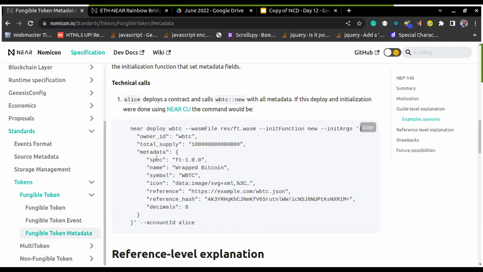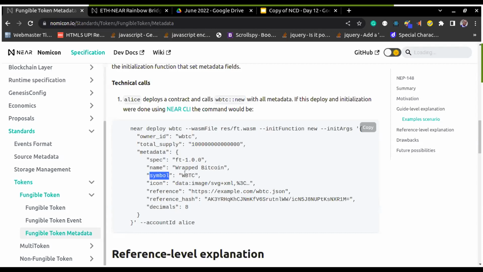So the first one is the specification, and this takes this value. Then we give the name. In this case, the full name of our fungible token. So it is a wrapped Bitcoin. Then we give the symbol. In this case, the symbol that our token will be represented with.